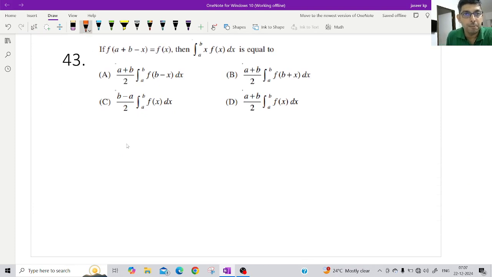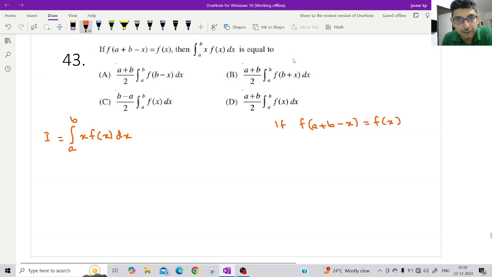If f of (a + b − x) equals f of x, then find the integral a to b of x f of x dx. Let this be taken as I. Here, f of (a + b − x) equals f of x.